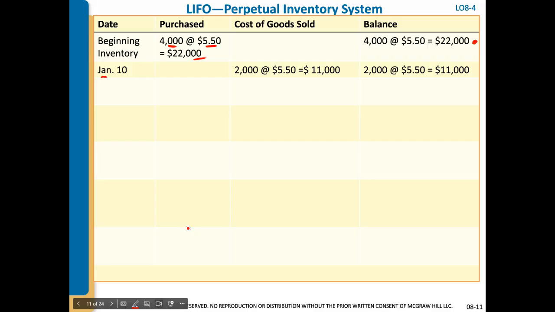The problem tells us that on January 10th, we sold 2,000 units, and we only have one layer. We only have 4,000 units at $5.50, so we're going to take that cost of $5.50 and allocate that to cost of goods sold. So of the 4,000 units that we have in our beginning inventory, we sold 2,000, so we have 2,000 units remaining in our ending inventory at $5.50. So our ending inventory is $11,000 as well.